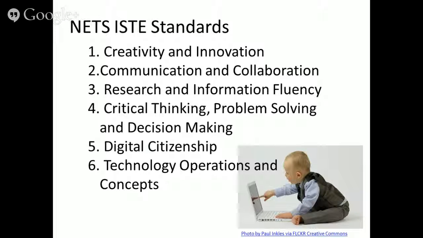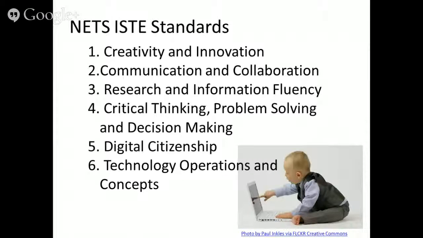And in order to tag the content, they would need to be fluent in standard number 3, the research and information fluency, on how to find the appropriate content, how to find factual, sound resources on the web. And in order to do that, number 4, the critical thinking, problem solving, and decision making skills leads right into that.